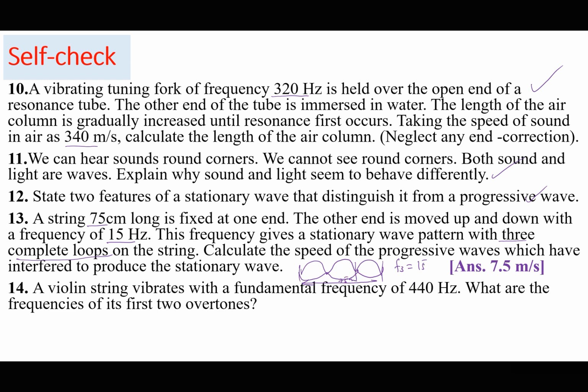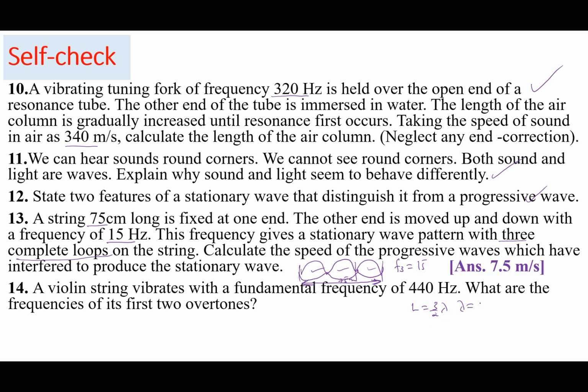So you know what F3 is, or you can derive the relationship between the frequency and the length of the material. We have done this in the examples, but maybe I can show that. So L is a half plus a half plus a half, 3 halves, that is 3 over 2 of wavelength.